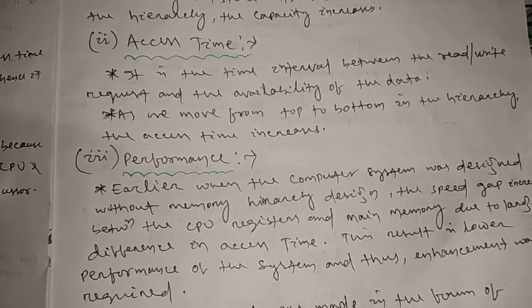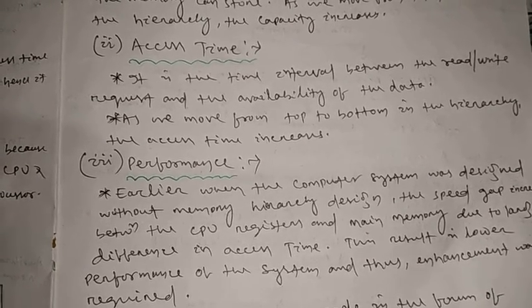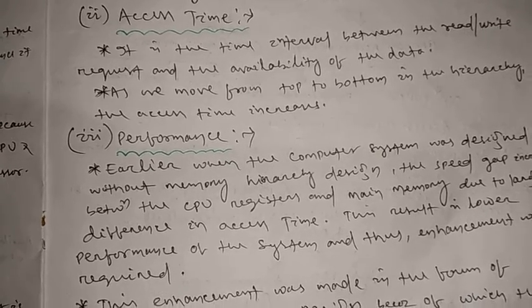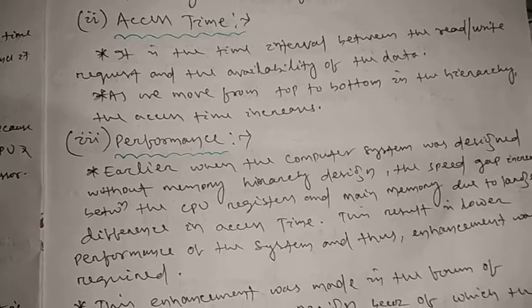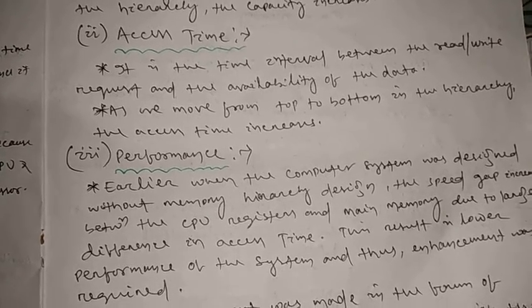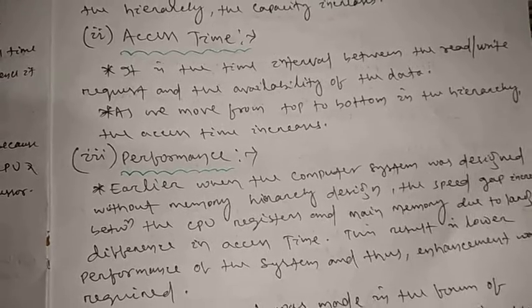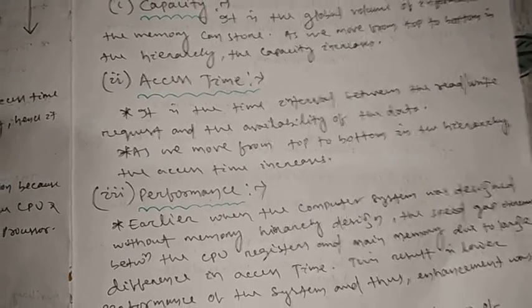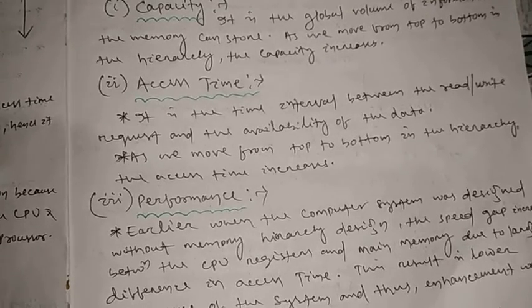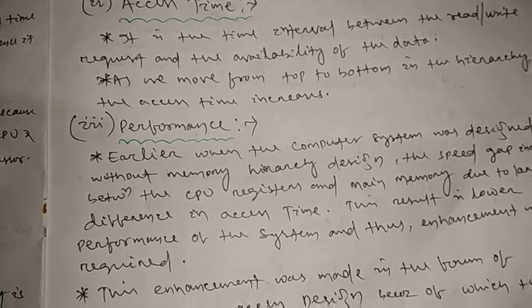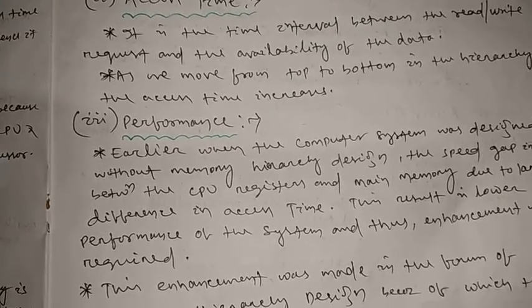So everybody wants to boost up the execution process, or everybody wants to enhance the performance speed. So we have to organize the memory properly to enhance the performance, to decrease the access time, and capacity also. So how can we enhance the performance of a computer system?